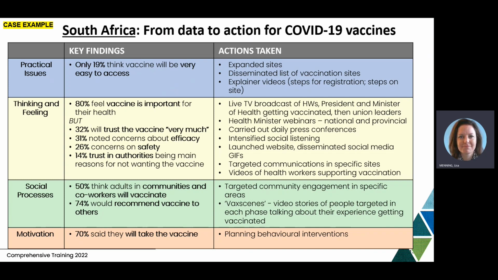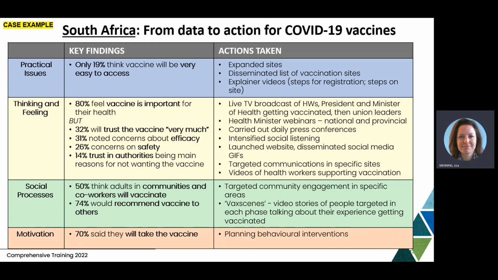Here's also an example of some data that we gathered from South Africa, also on COVID vaccination. And here we can see that the practical issues, only 19% of our respondents said that vaccination would be very easy to access. And we can see that the corresponding actions taken, including an expansion of the sites where vaccination was being offered.